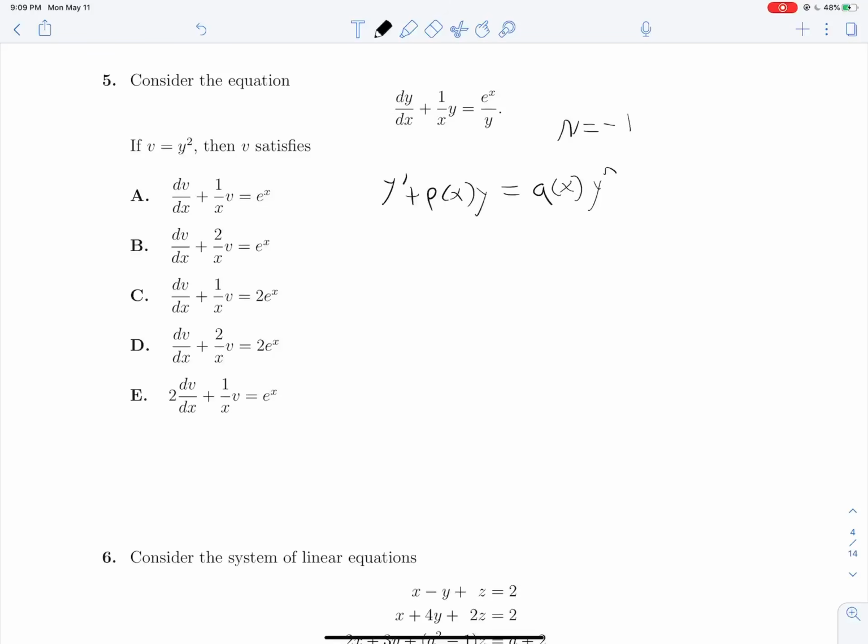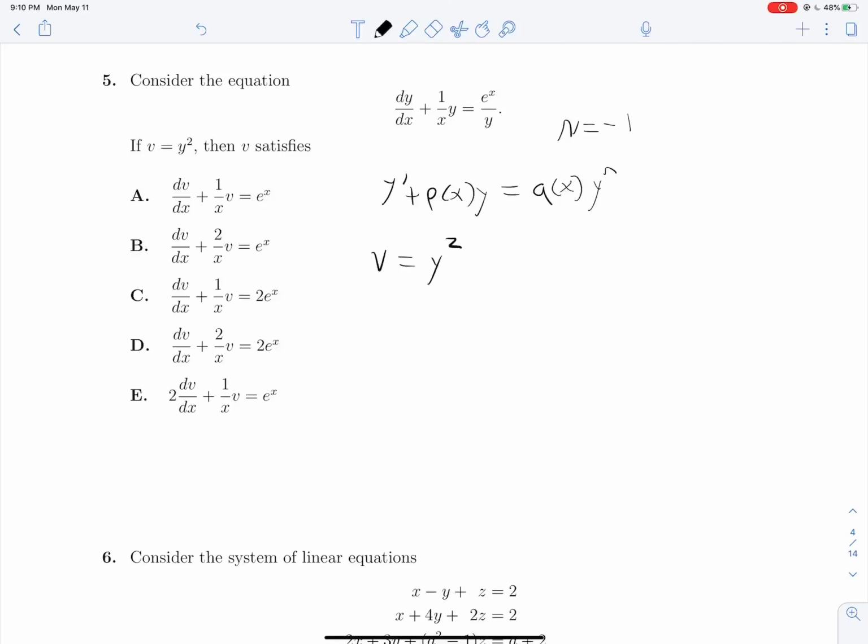And what we do for Bernoulli equations is perform a substitution here, and I'm just reading off of a page for Bernoulli equations. This is a little bit hard to remember off the top of your head, but here it is. Our substitution is v equals y to the 1 minus n, and since n is -1, we get y squared. So this is just the same Bernoulli substitution that we would be performing to solve this equation anyway.